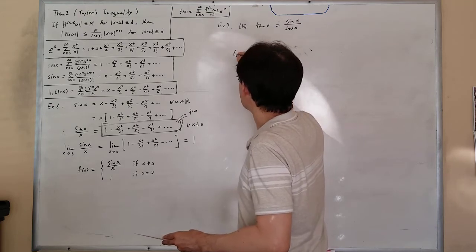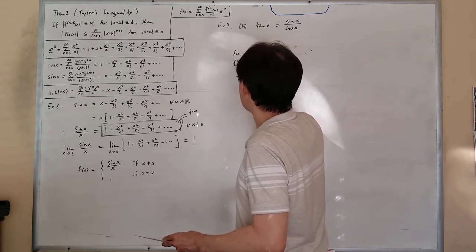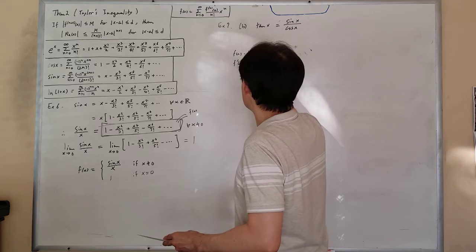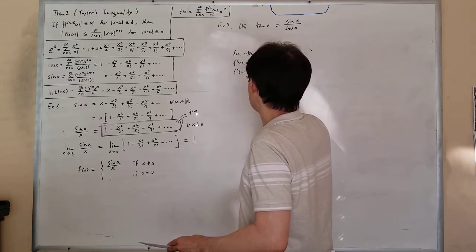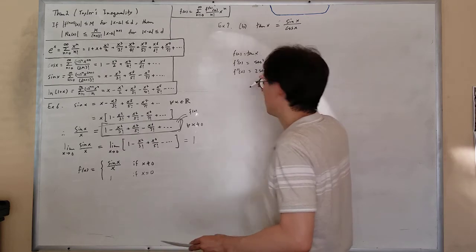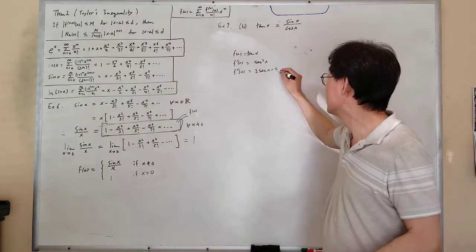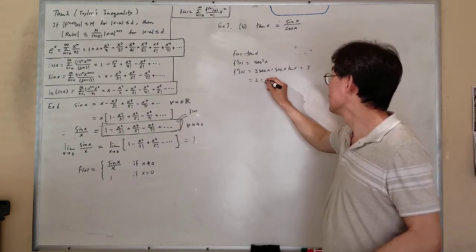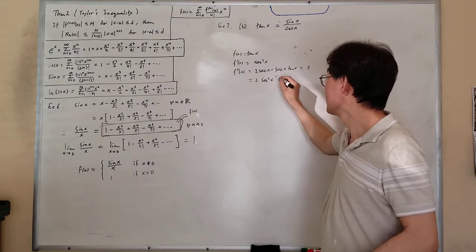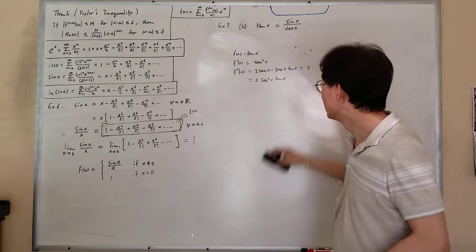Tangent x, f prime of x is secant squared of x. 2 secant of x times the derivative inside, secant tangent. Now, as you can see, it's getting complicated, right?